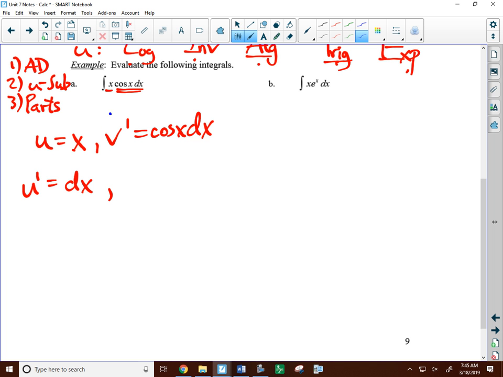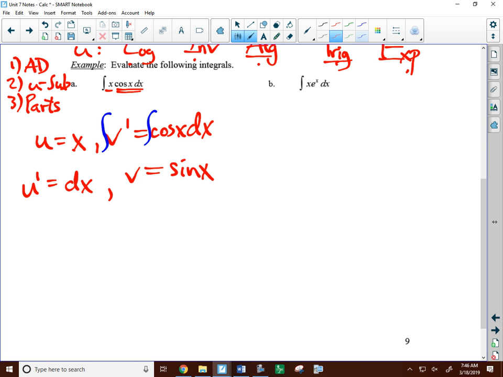I have v prime, so if I do the integral of both sides, that will get rid of the derivative, and that will be v. The integral of v prime is v, and on the right side, the antiderivative of cosine x is sine x. And by the way, we normally write plus c here. We'll just write it at the end though, with everything.